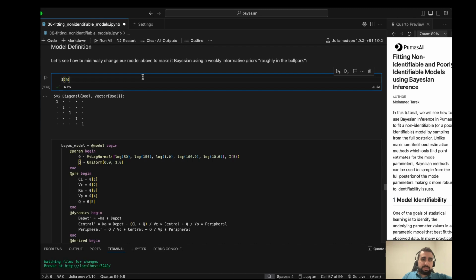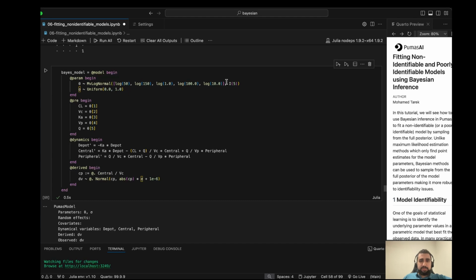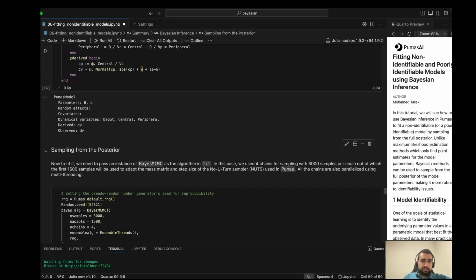It's a nice, efficient representation using a diagonal matrix of booleans, so it's really efficient in memory. But that's just again a nice and somewhat loose prior distribution that we're using here. So we can go ahead and define this model.